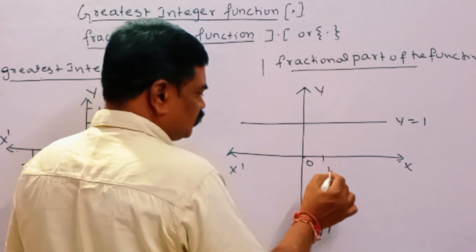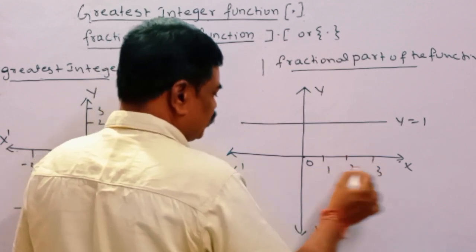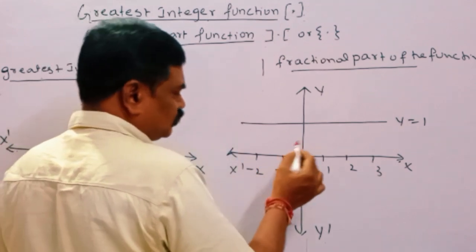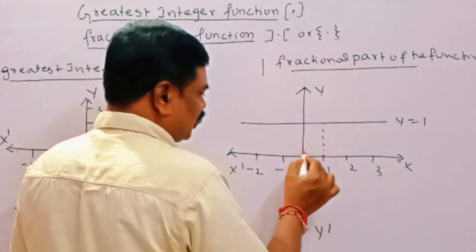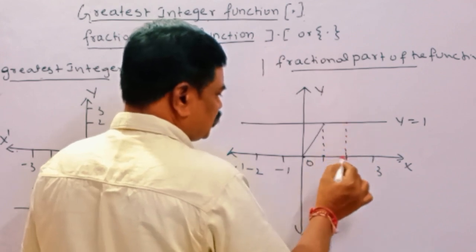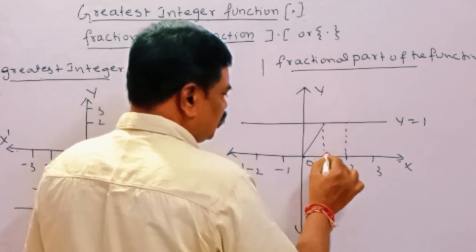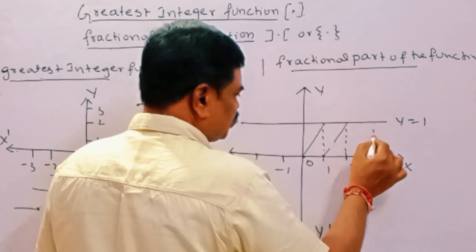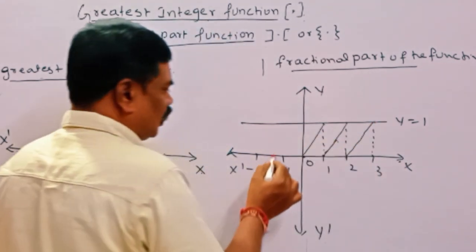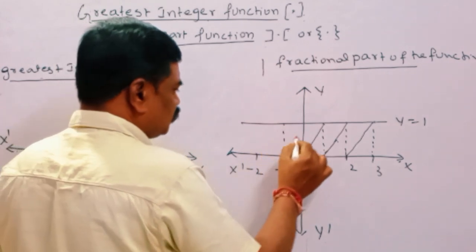This is 0, 1, 2, 3, minus 1, minus 2. This is x equal to 1, this is x equal to 2, and this is x equal to 3. This is the graph of the function.